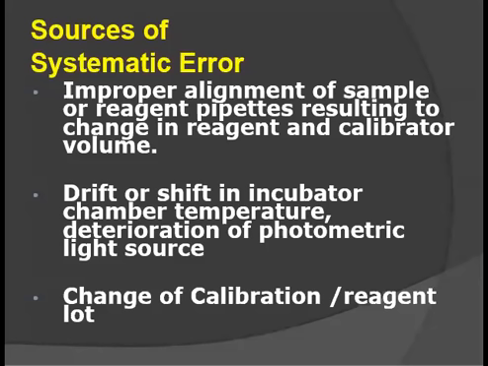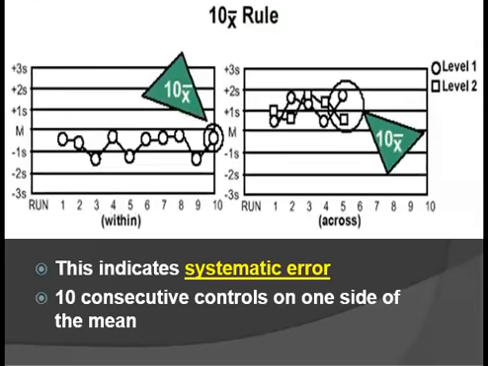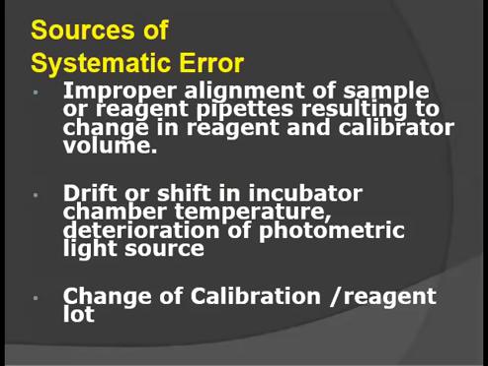Okay. So, what are the possible causes of systematic errors? Ano ba yung mga nagko-cause kung bakit sa ating Levy-Jennings chart, makakakita tayo ng 2-2S, 4-1S, 10x? So, these are the possible causes. First, improper alignment of sample or reagent pipettes resulting in change in reagent and calibrator volume. For example, ang kailangan na volume of reagent is 500 microliters.